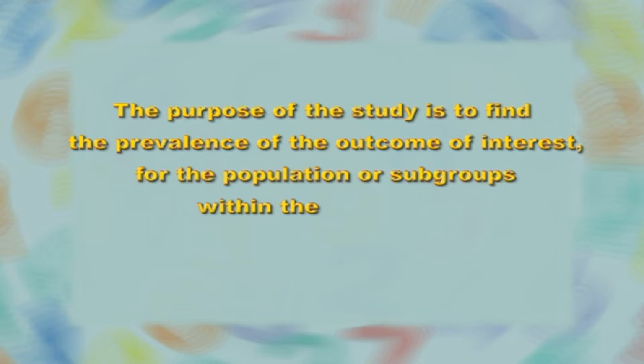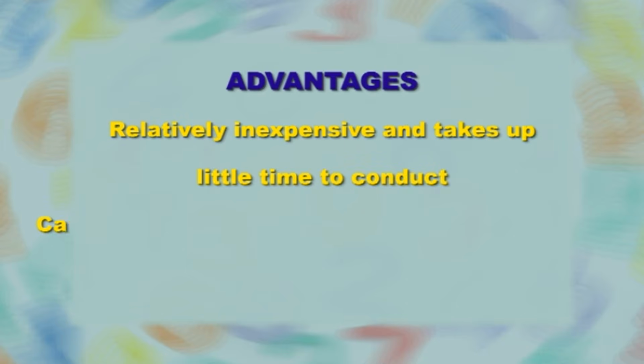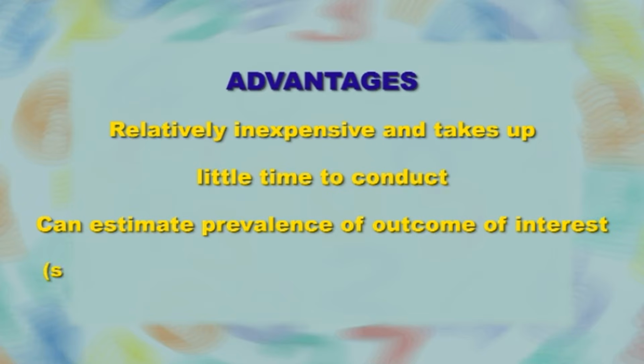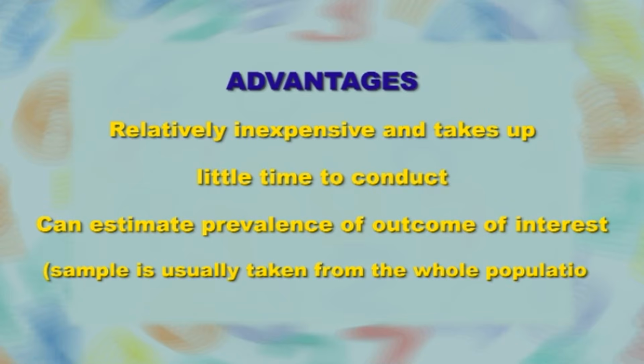The purpose of the study is to find the prevalence of the outcome of interest for the population or subgroups within the population at a given point of time. Advantages of cross-sectional studies are that they are relatively inexpensive and take up little time to conduct, and they can estimate prevalence of the outcome of interest because the sample is usually taken from the whole population.